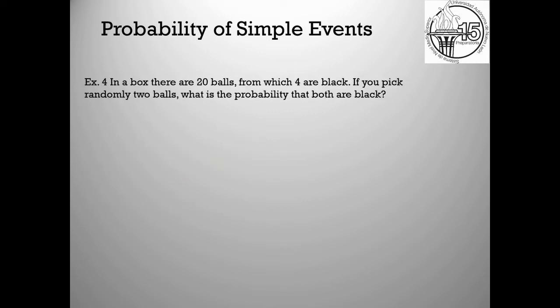In this sample we have a box with 20 balls, from which 4 are black. If you pick randomly 2 balls, what is the probability that both are black? First, we need to calculate all the possible results. So we need to form all the possible groups with 2 members.